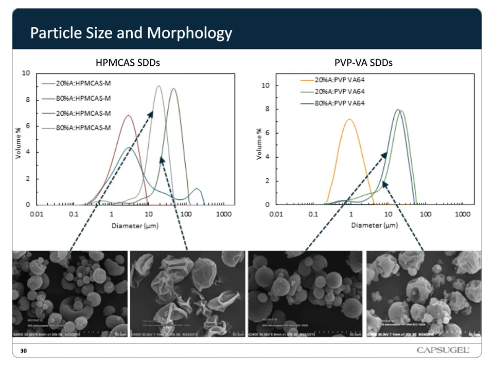What's shown here is 20% active and 80% active HPMCAS-M, and then 20% and 80% active PBPVA SDDs. Through the morphology, we can see that some are hollow spheres, like we had seen and described before, and others are more raisin-like or collapsed spheres.